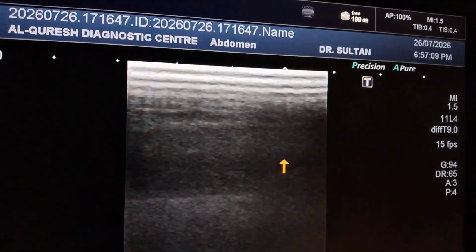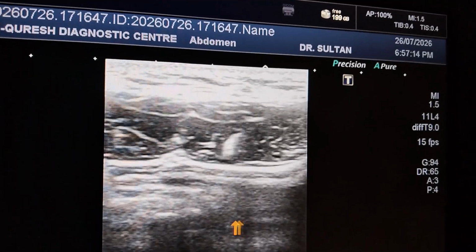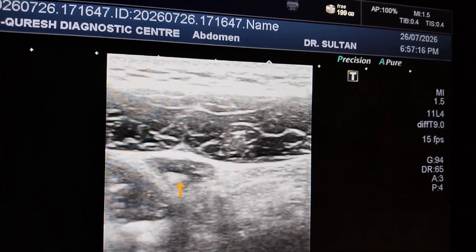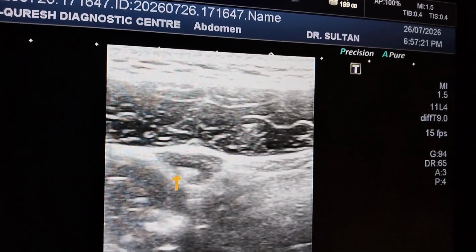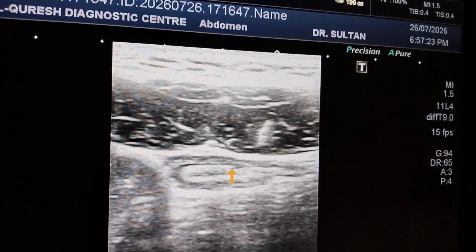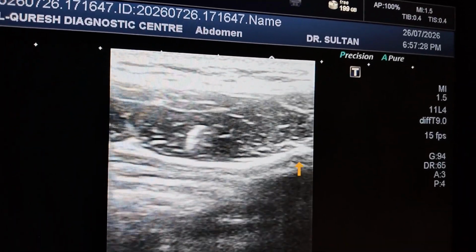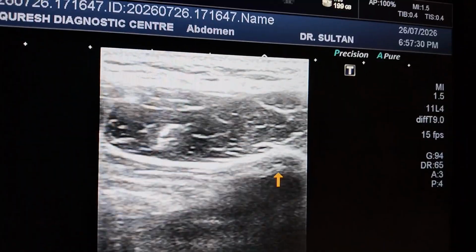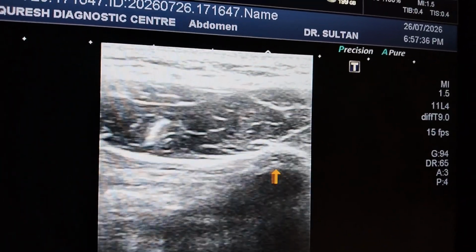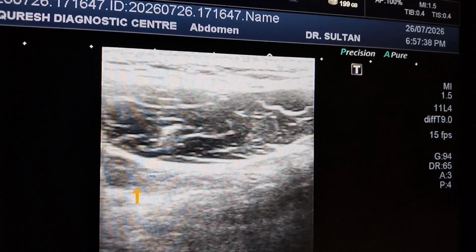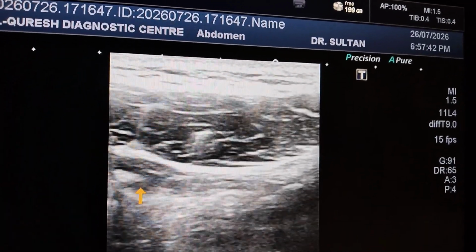And this is the urinary bladder, and here is the tract. I have placed the probe in transverse direction of the pelvic region, and then this tract is entering, connecting with the dome of the bladder, connecting here. And this is the tract. This one we can appreciate here.